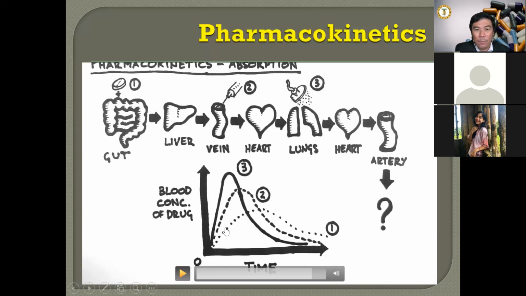So basically, the half of this graph is considered the half-life. For number 2, the half of this graph pointing here is considered the half-life. And for number 3, the half-life of this drug goes here.